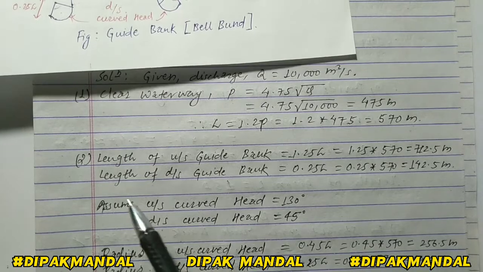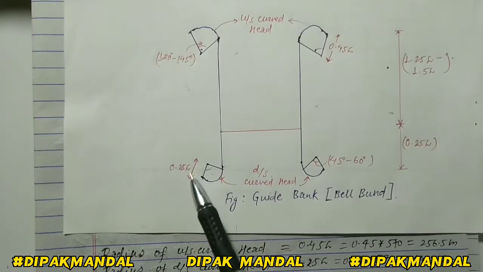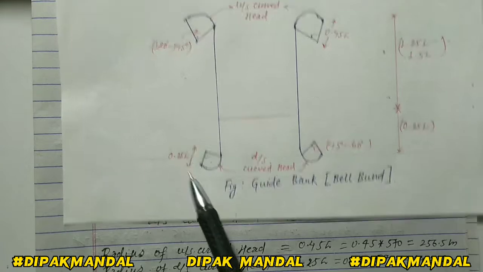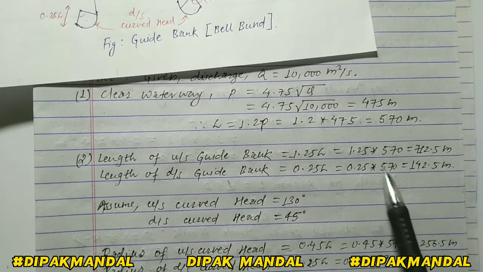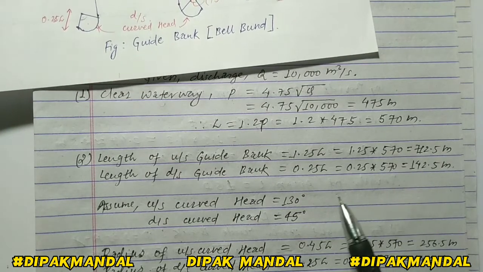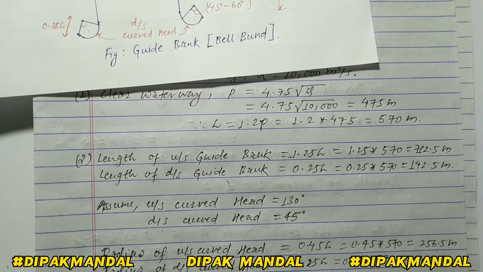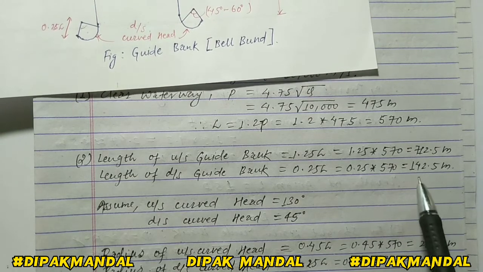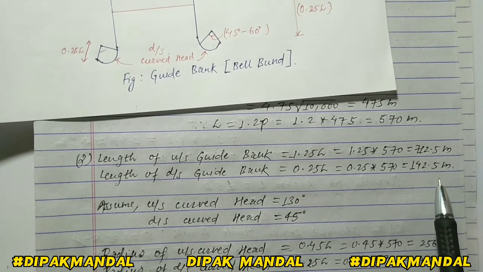Now the length of the downstream Grad bank. For this downstream Grad bank we have to use 0.25 L. So 0.25 times 570 meter. After calculating this value we get the downstream length of the Grad bank equal to 142.5 meter.